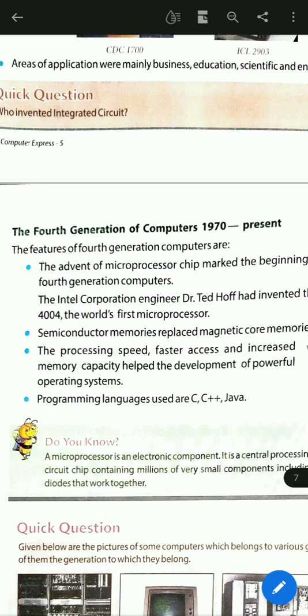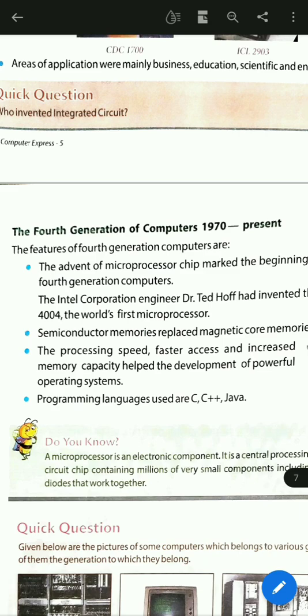Semiconductor memories replaced magnetic core memories. In this period, in place of magnetic core memories, semiconductor memories were used. The faster processing speed, faster access, and increased memory capacity helped in the development of powerful operating systems.